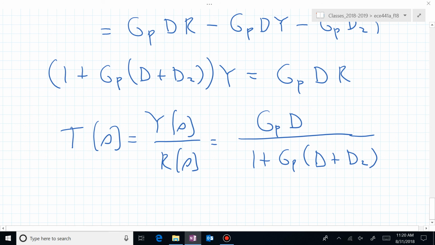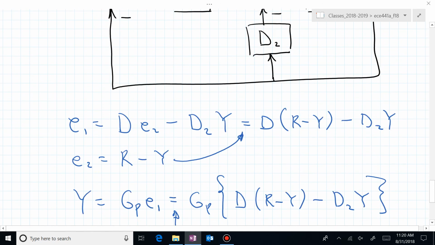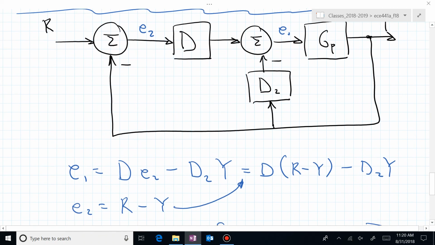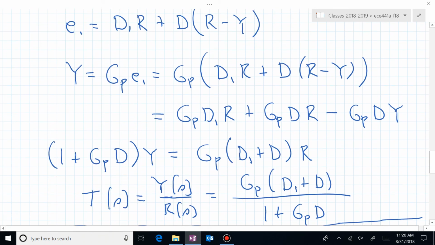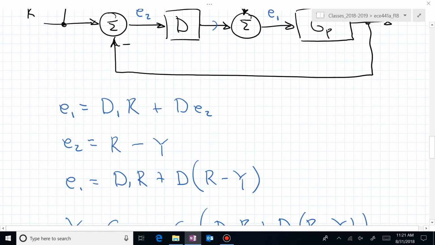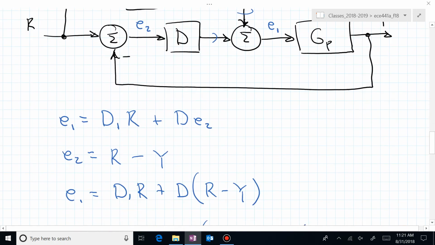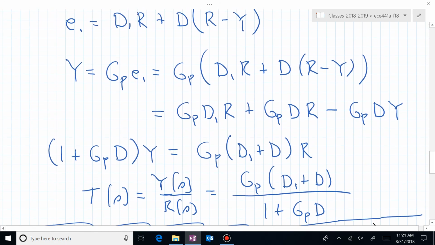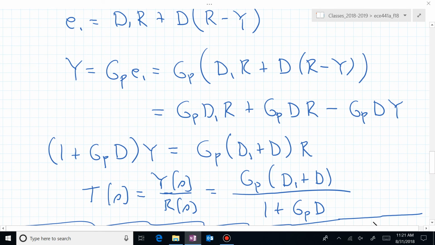Now we have additional freedom in the denominator of our transfer function T of s for this configuration. In the previous configuration, we had some additional flexibility in the numerator of our closed loop transfer function in the form of the transfer function D sub 1.